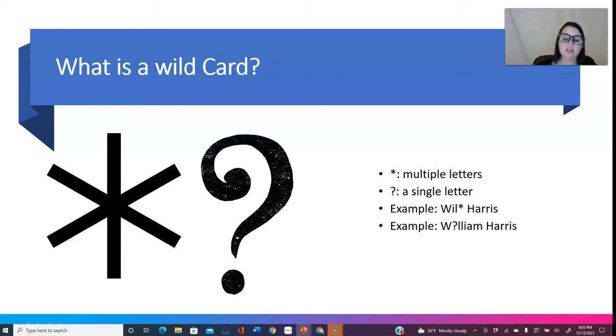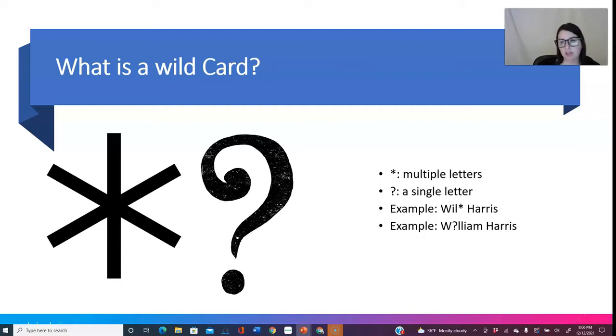With the asterisk, it means multiple letters. So if you're doing the name William, you can do WIL and then asterisk. There needs to be at least 3 letters before. And then a question mark is a single letter, and that can be in any name. So as the examples given below show that.